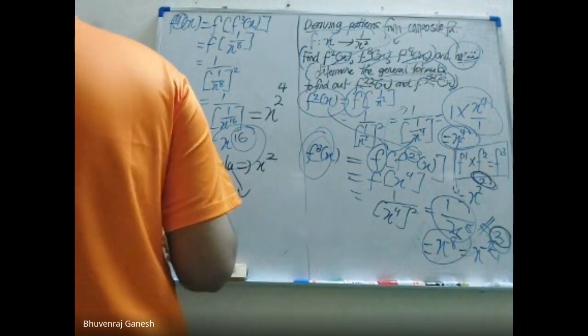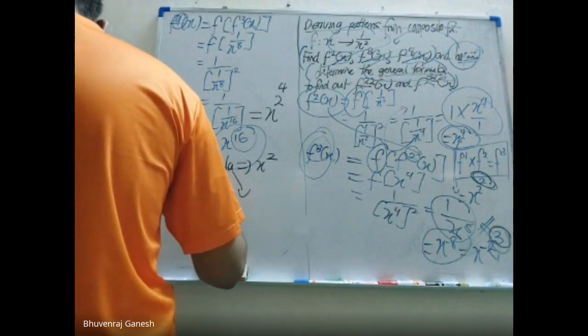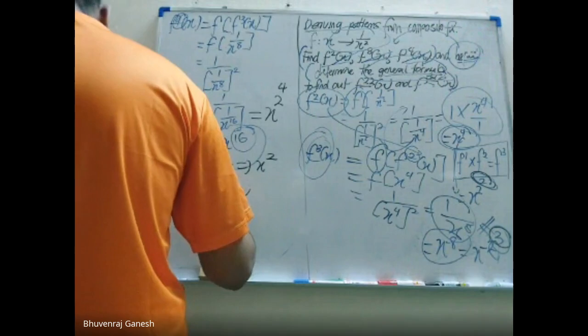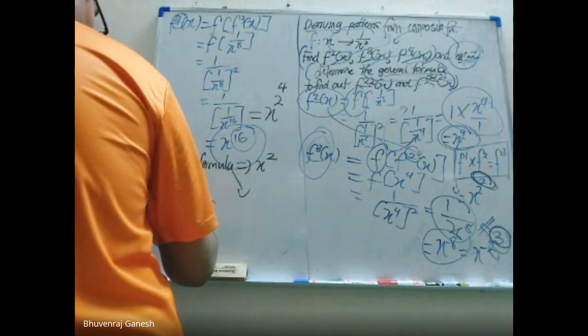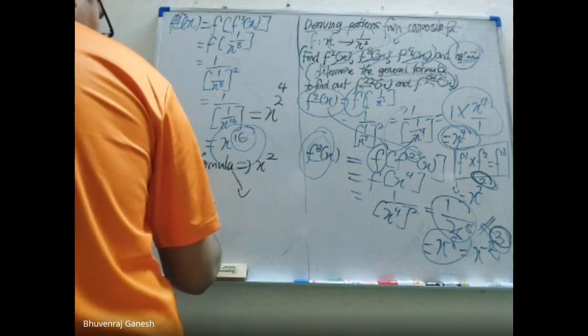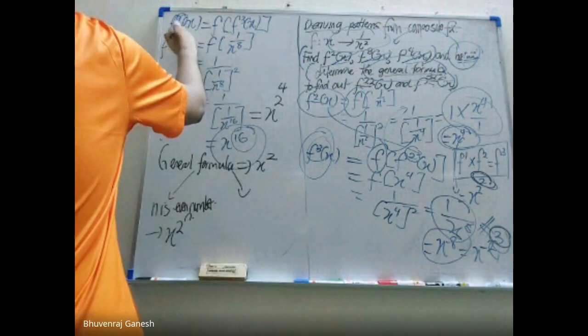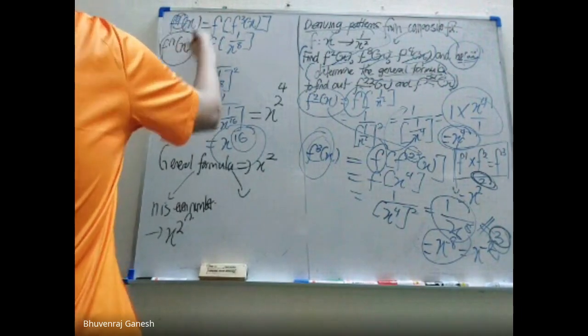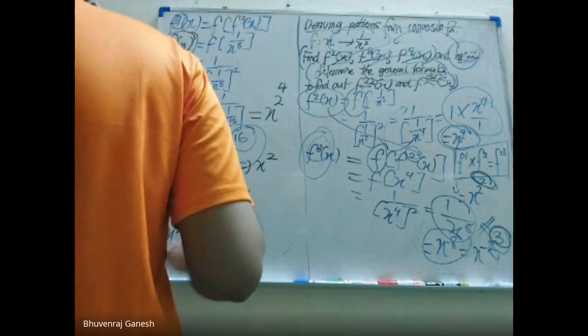So if n is an even number, you will get a general formula of x to the 2 power n. This is your f^n x. This one I'm telling you, so the n term is actually the order of the function. How many times you do the function?